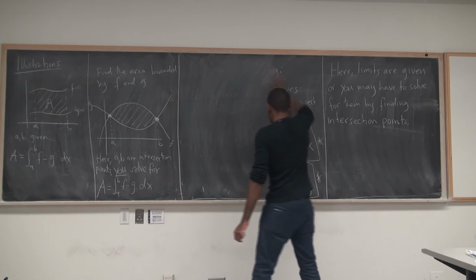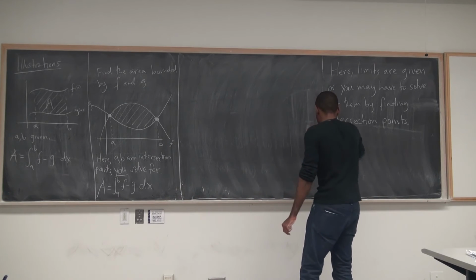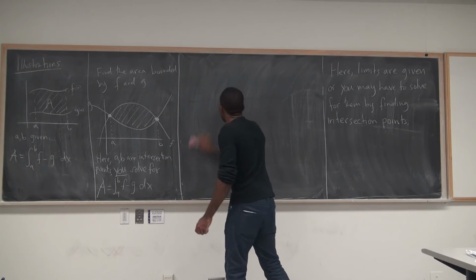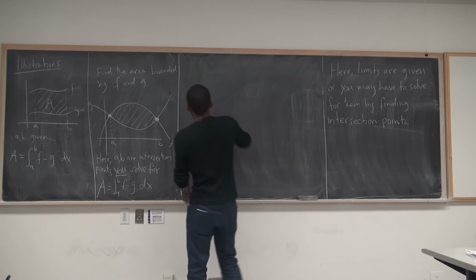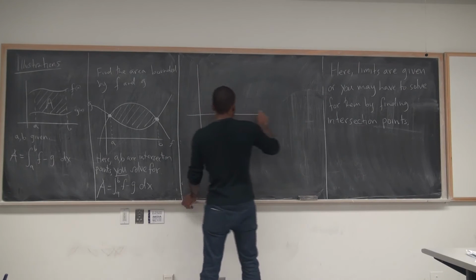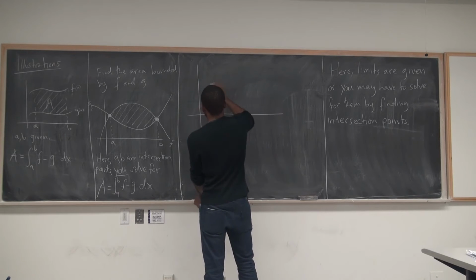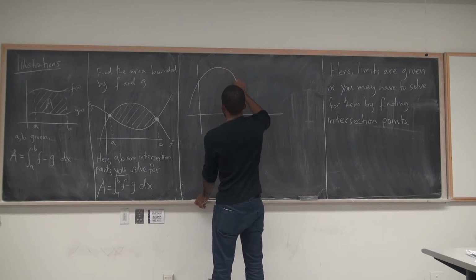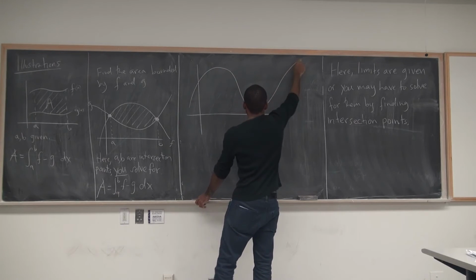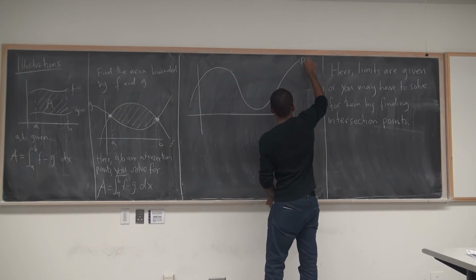Okay. Here's another illustration. Tell me how you would find the area between these two functions. This is my f of x.